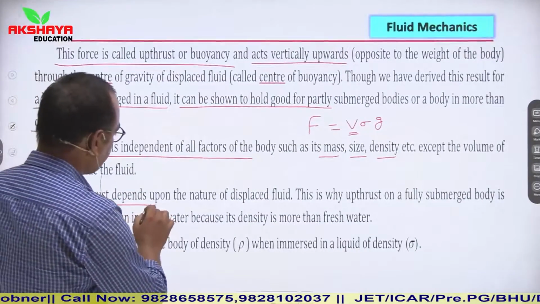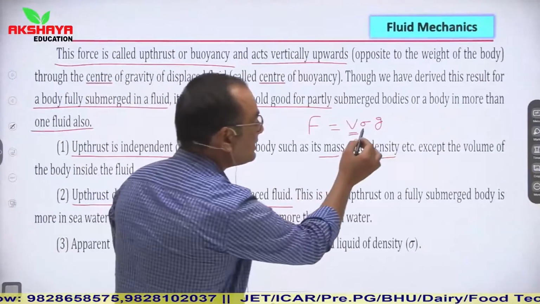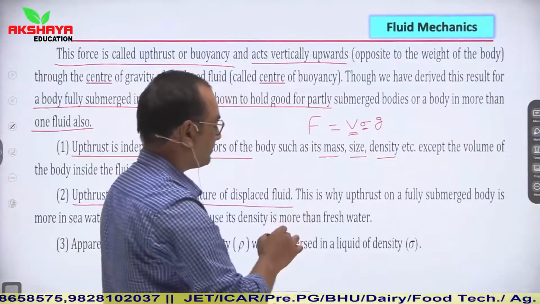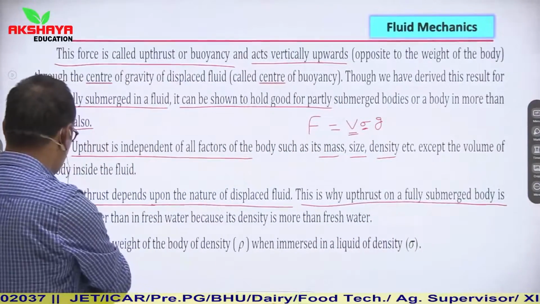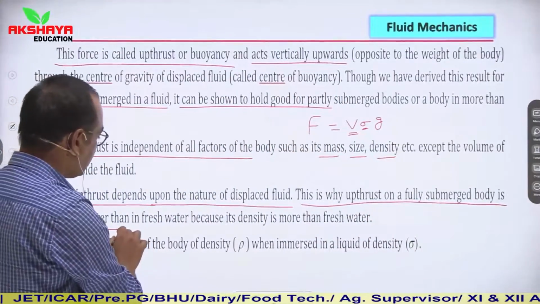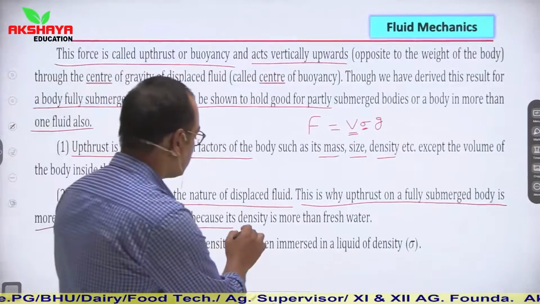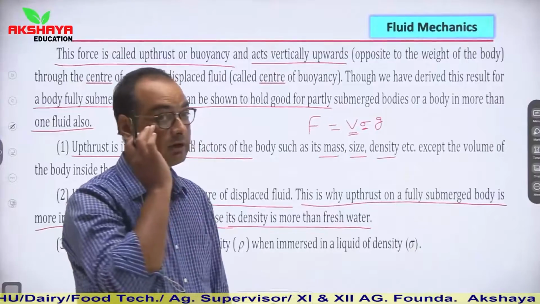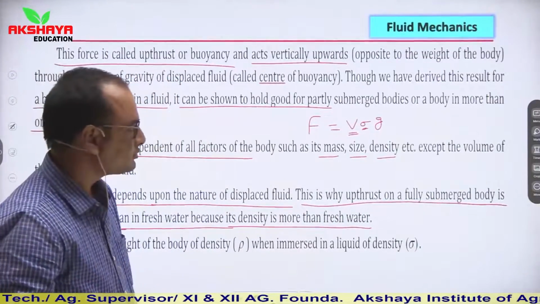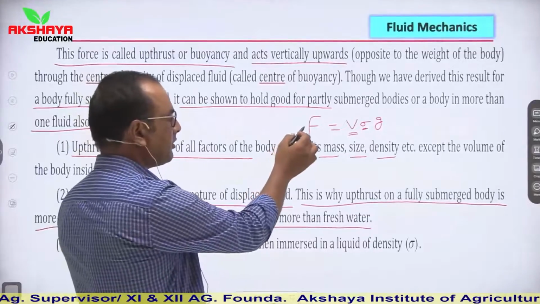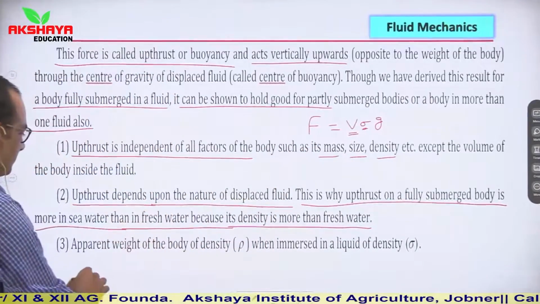Upthrust depends upon the nature of the displaced fluid, and nature means density. This is why upthrust on a fully submerged body is more in seawater than in fresh water, because the density of seawater is more than that of fresh water. So upthrust force will be more in seawater.